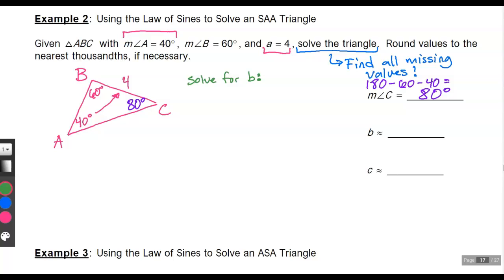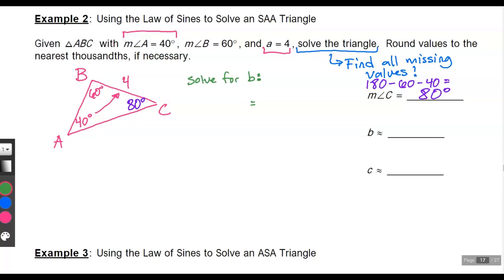Does anyone want to help me set up this proportion, this law of sines? What angle do I have to use in this setup?